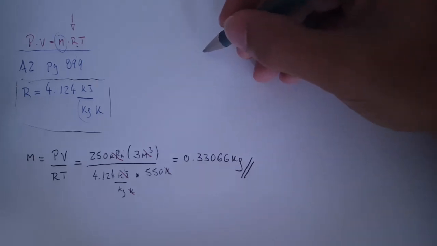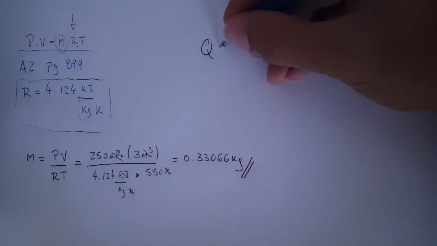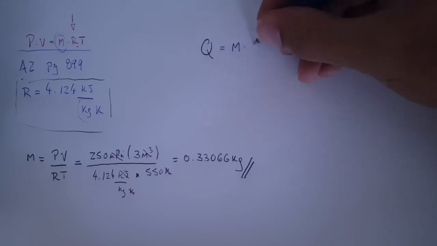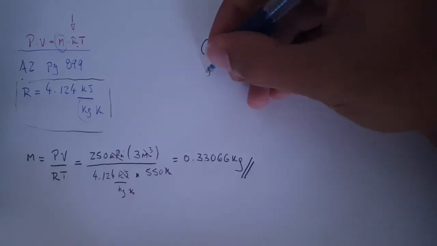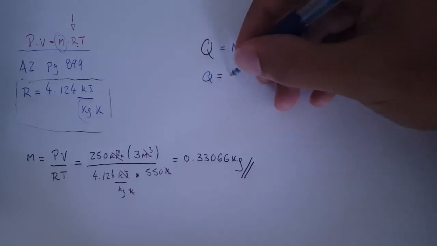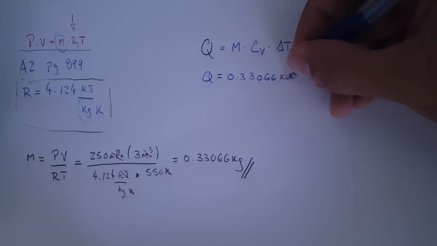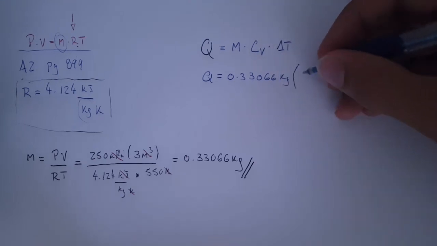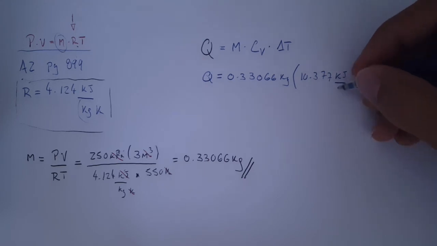Okay, and then we can go back to the equation that we were looking for, right? We're looking for Q, heat. And we found that heat is the mass times CV times delta T. So therefore, the heat in this process will be 0.33066 kilograms times CV that we grabbed, which was 10.377 kilojoules per kilogram Kelvin.